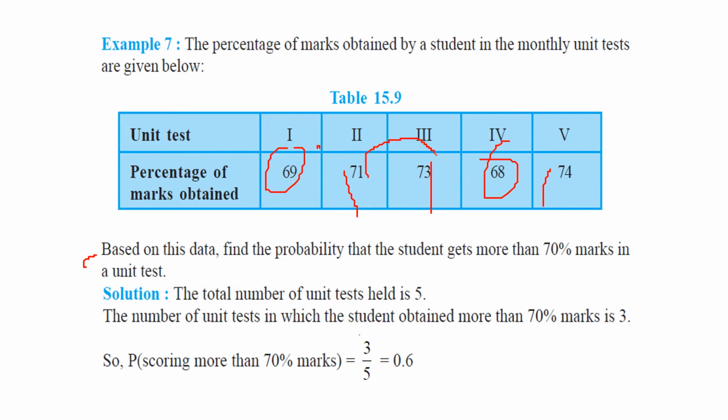So 71, 73, 74, so there are 3 trials where the event has occurred. And the number of tests is 5 total. So 3 by 5 is the probability, 0.6.